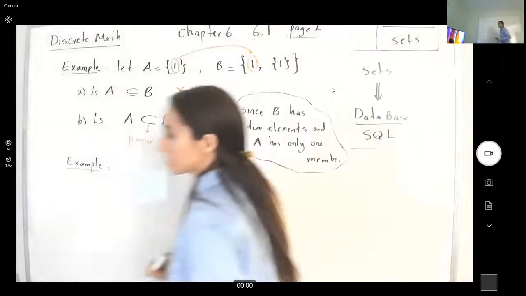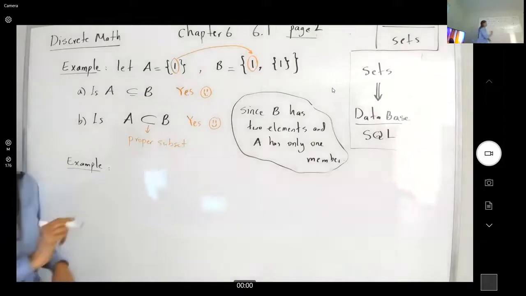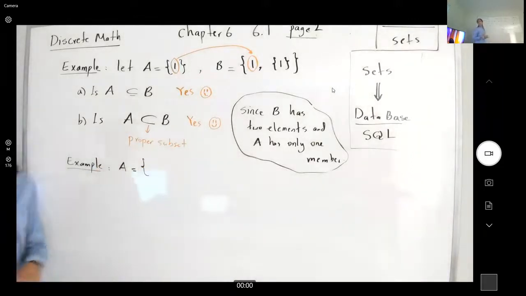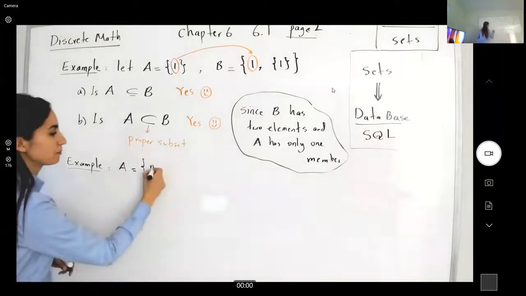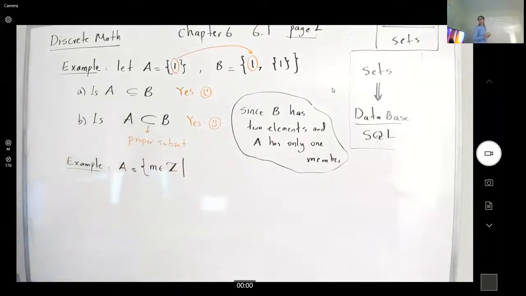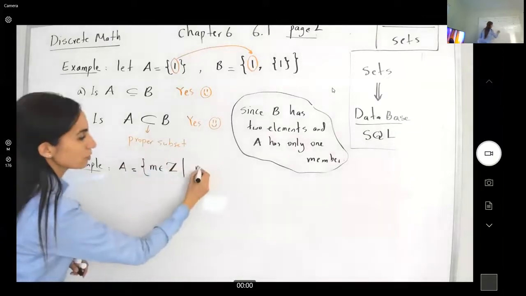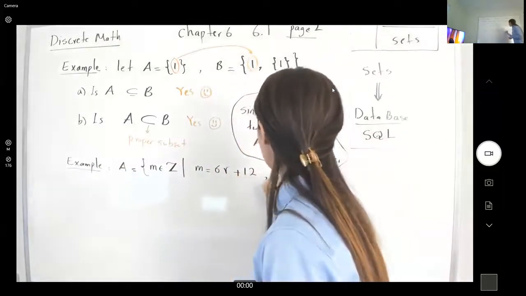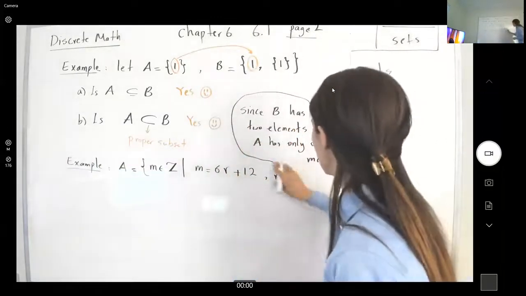Here we have this case. It says A is defined as the set of all integers like M, such that M is equal to 6R plus 12, and R is another integer.